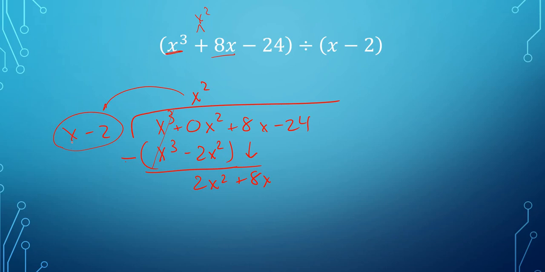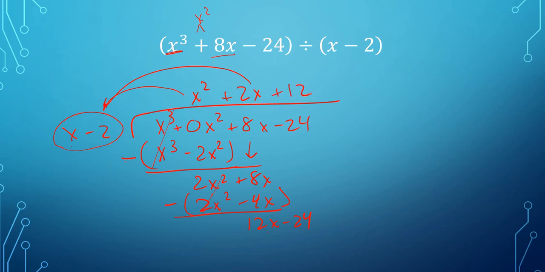Bring down my next piece. Back to the beginning. X times what gives you 2x squared? X times 2x. 2x times all of this: 2x squared minus 4x. If I subtract everything, these cancel. 8x minus a -4 is plus 4. I get 12x minus 24. Back to the beginning.